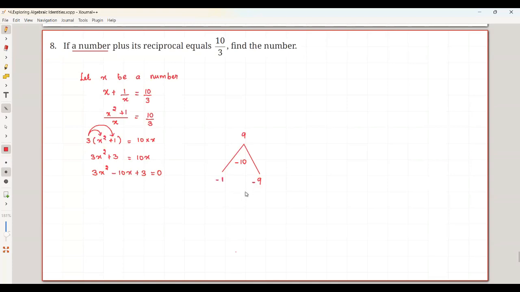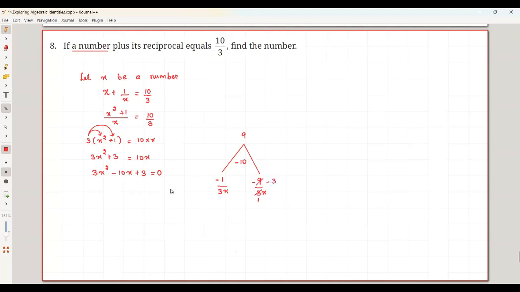Minus 1 into minus 9 is plus 9, and while adding I get minus 10. As we have the variable x and 3 as a coefficient, we take 3x and divide with 3x; for the one with no coefficient we take only x. Here we have the coefficient as 3, so we take 3x. Now we can cancel: 1 threes are 3, and minus 3 threes are 9.